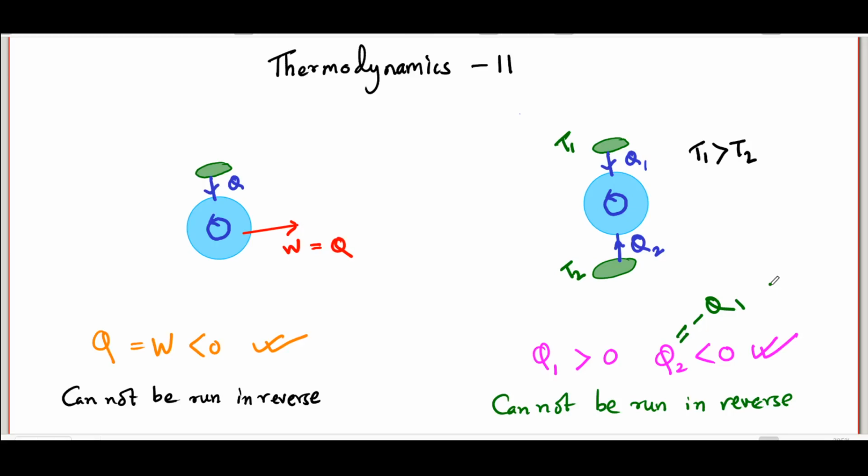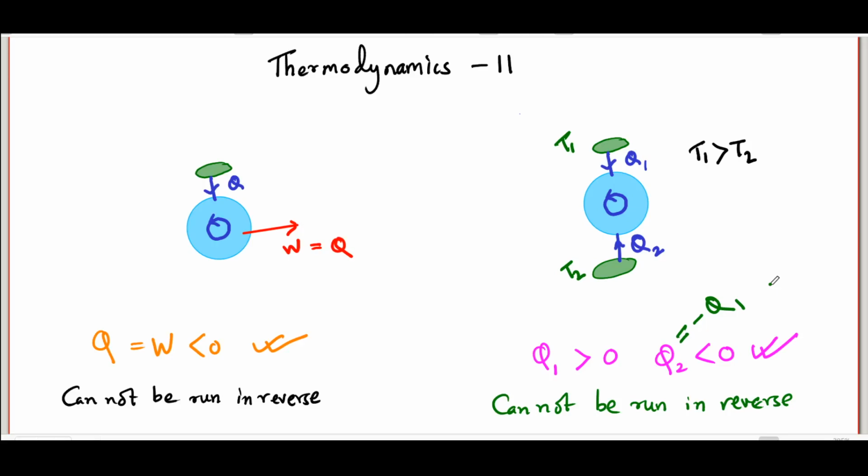Indeed, once again, you don't really need a cyclic process for this to take place. All you need to do is put two reservoirs at different temperatures in thermal contact via maybe a conducting rod. Heat will flow from the hotter reservoir to the colder reservoir. But like the previous example, this one also cannot be run in reverse.